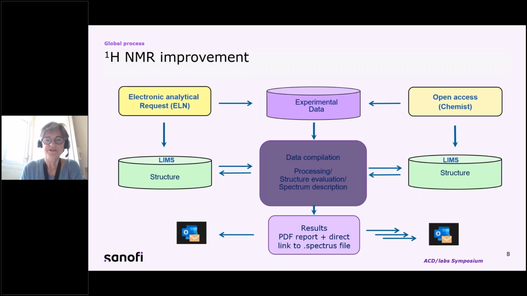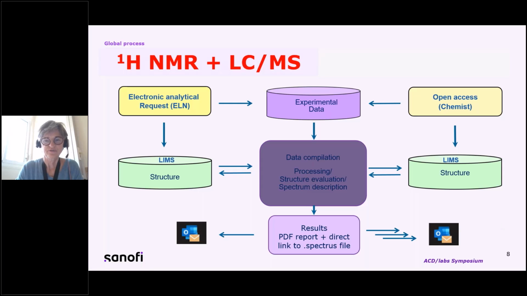So we put in place the right part of the scheme here, which is the same as the left part, but this time the data is generated in open access mode. And also this time, every chemist who asked for an analysis received the result directly in their own mailbox. And now we are working on the global process combining NMR and LCMS.